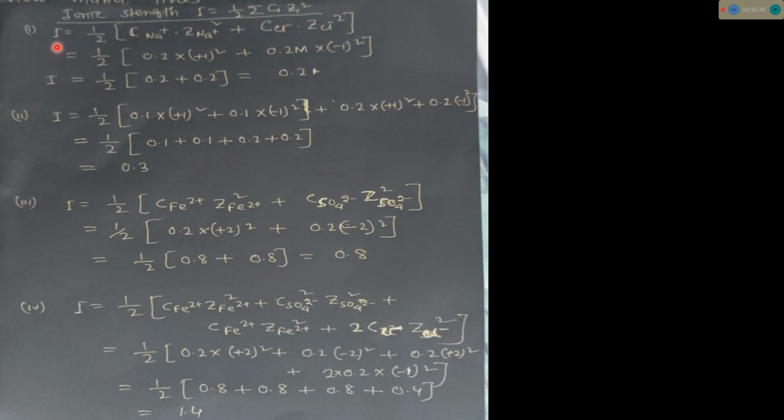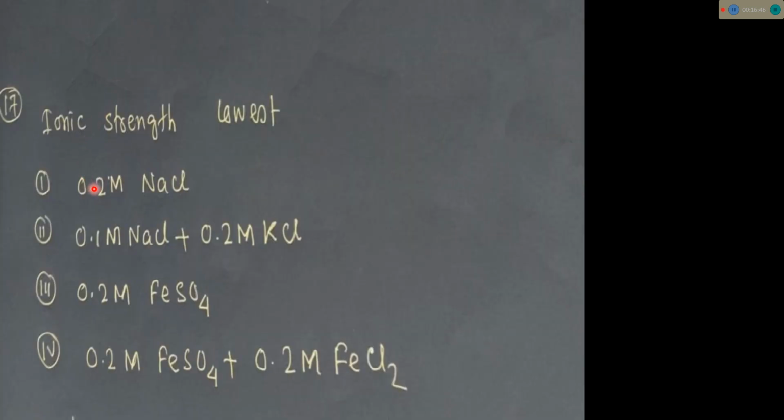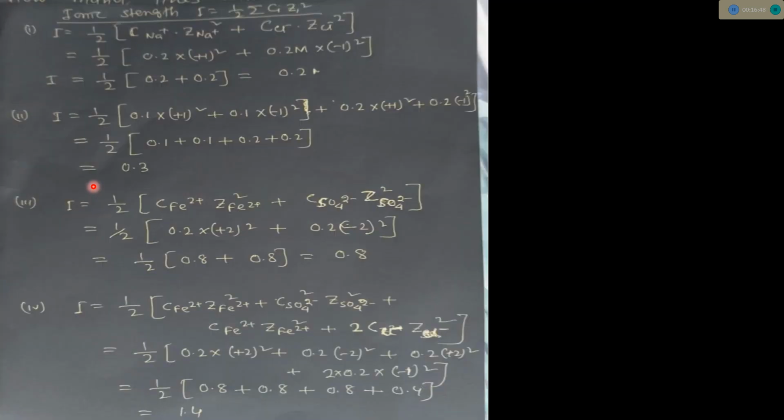So for the first case there is sodium chloride, 0.2 molar solution. The concentration of Na plus is 0.2 molar, and the concentration of Cl minus is also 0.2 molar.